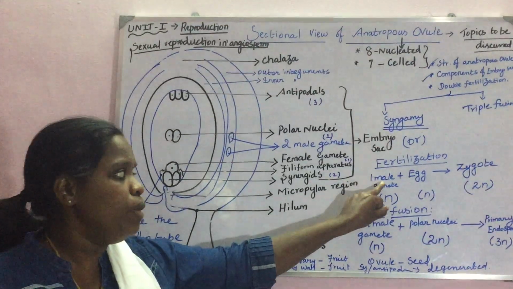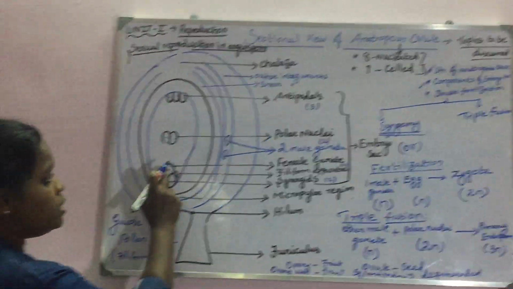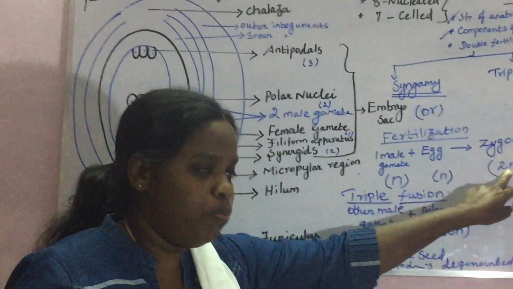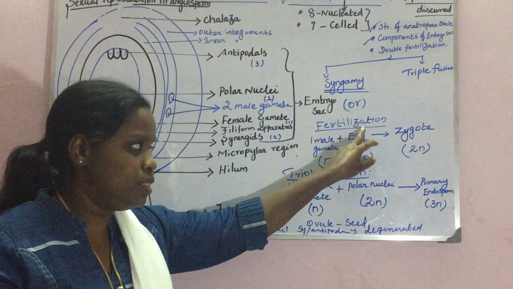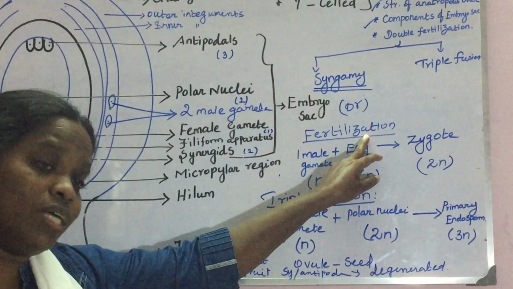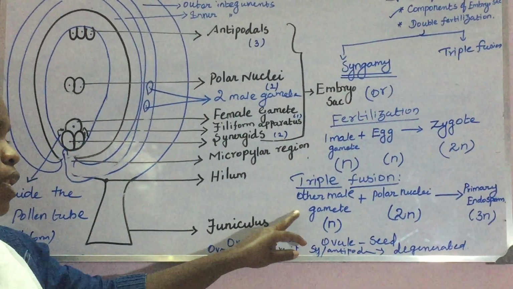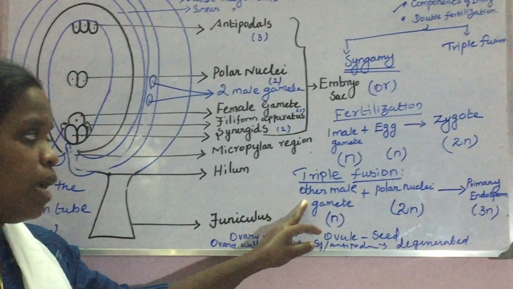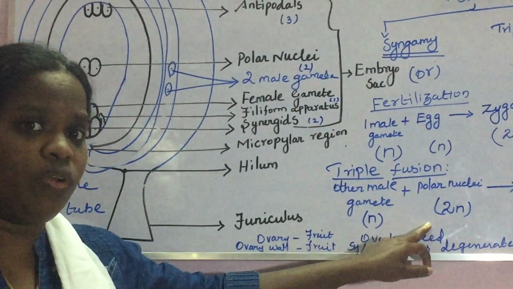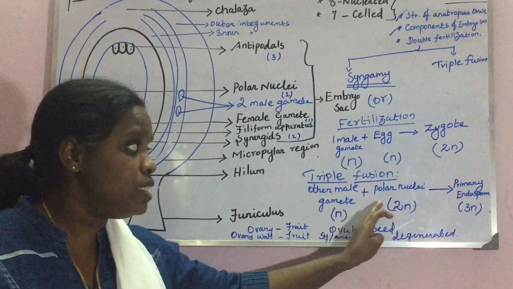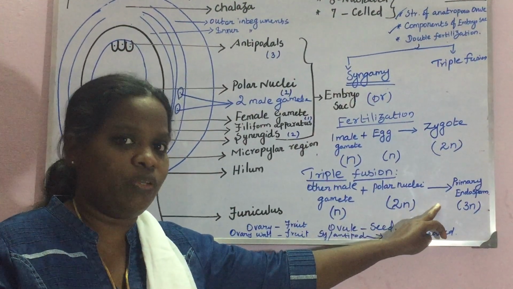One male gamete is fused with the egg cell. It forms a zygote, which is diploid in number. That process is called fertilization or syngamy. The next fusion is called triple fusion. The other male gamete is fused with the polar nuclei that has 2n number of nuclei. As a result, we will get a primary endosperm.